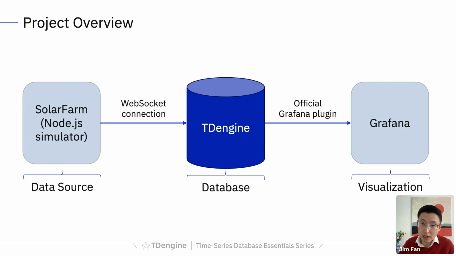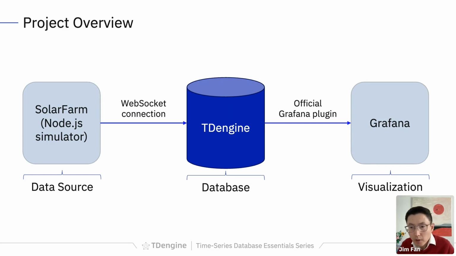Once you have this whole thing set up, you can replace this solar farm data simulator with your own data source and get that into TDengine. You will also be able to create your own dashboards for your specific use case or scenario. We want to give you this structure as a baseline to start moving forward with. That's why Joe created this very nice Docker Compose for you to try out.